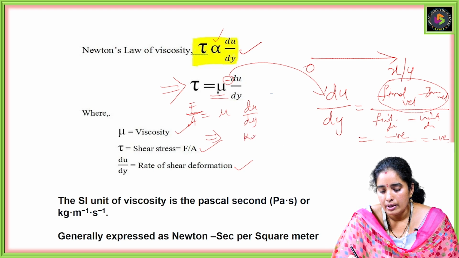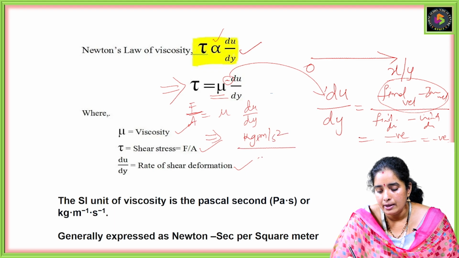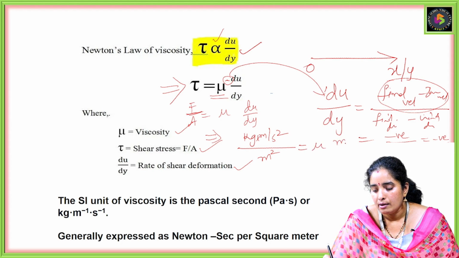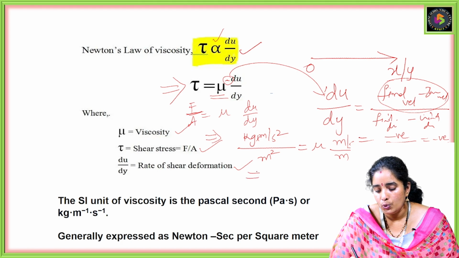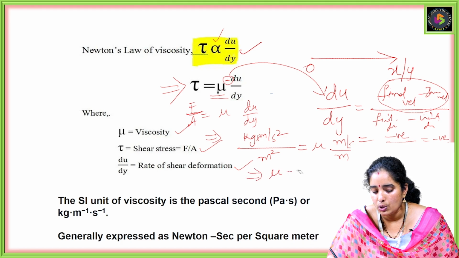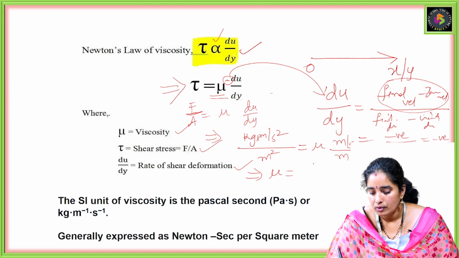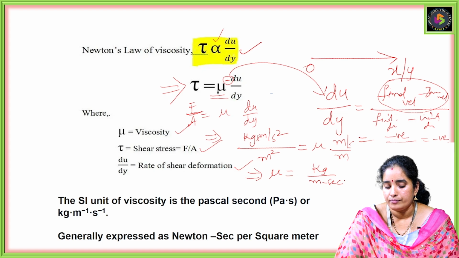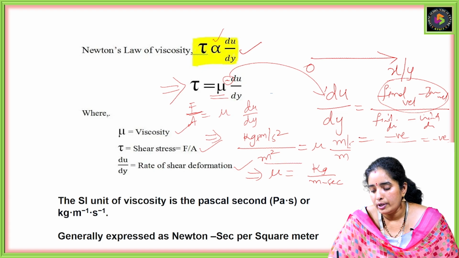Mass in kg, acceleration is meter per second square. Kg into meter per second square by area meter square is equal to mu into velocity, meter per second, by distance m. So finally we get viscosity mu equal to kg per meter second. So this is the unit of viscosity.